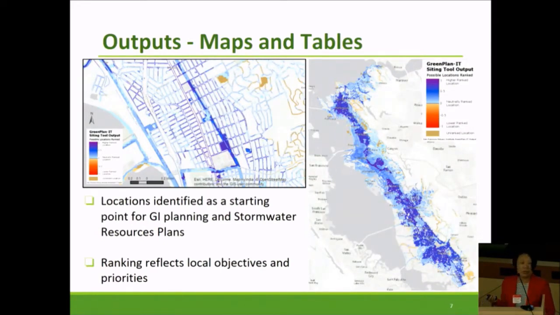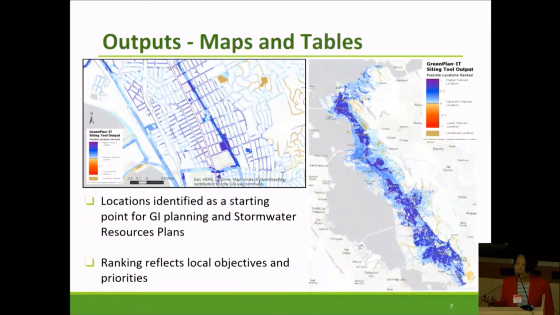You can also go very detailed at the watershed or city scale, which can show you the city block by block, all those locations, along which street and which road and which park there's a potential location for green structure. So it's a very flexible tool that can apply to different scales.